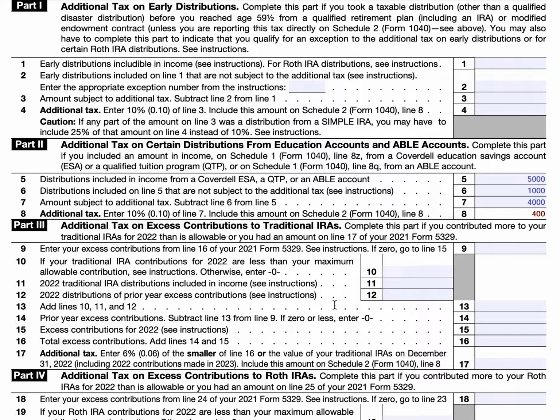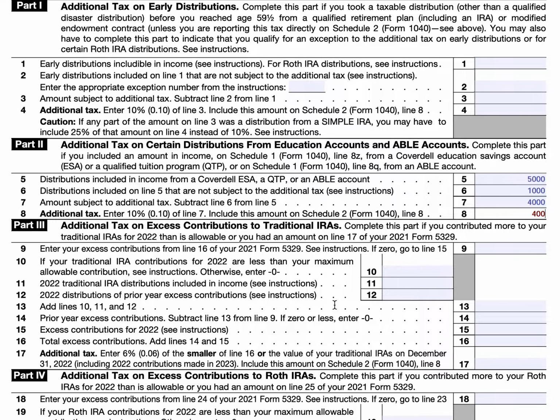You do not claim a traditional IRA deduction for the withdrawn contributions, and you withdraw any earnings on the withdrawn contributions and include the earnings in gross income. In line 16, you'll add lines 14 and 15. This represents your total excess contributions.